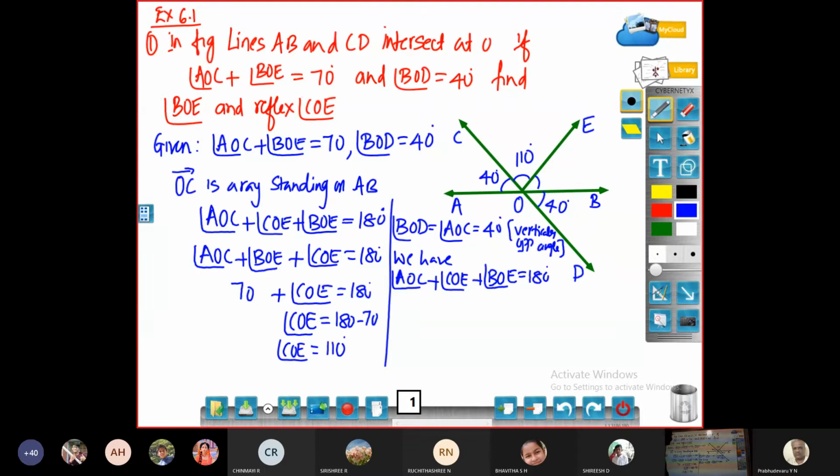Substitute the values that you know. AOC is 40 degrees plus COE is 110 degrees plus angle BOE is equal to 180 degrees. So BOE will be equal to 180 degrees minus 150 degrees. So it is equal to 30.